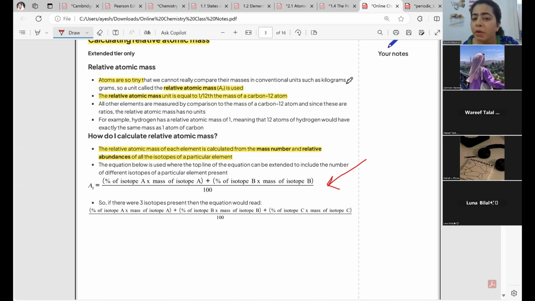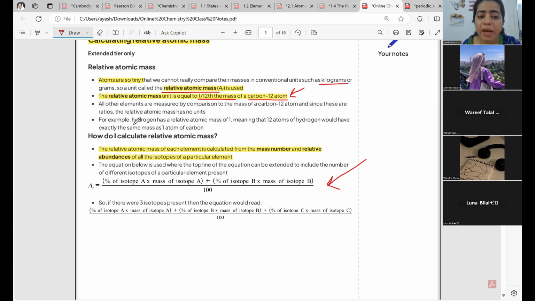We cannot take them in kilograms or grams because atoms are very, very small. So we take their relative atomic masses in comparison with carbon-12. This is the same definition we did: the relative atomic mass is equal to 1/12th of the mass of a carbon-12 isotope, not carbon-13 or 14. We compare with the carbon-12 isotope and divide by 12 to get 1 unit. This we did already.